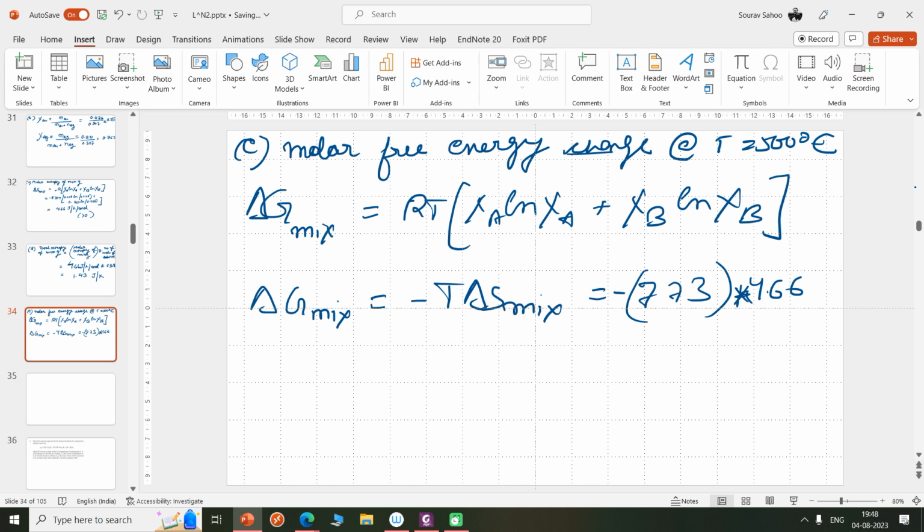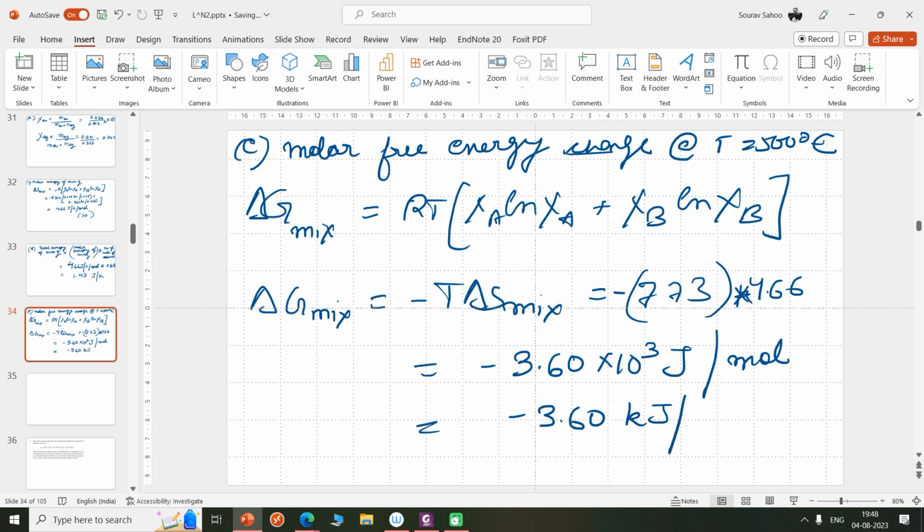That will give me minus 3.60 times 10 to the power 3 joule per mole, which is minus 3.60 kilojoule per mole. So this is again negative, so it favors the solid solution formation.